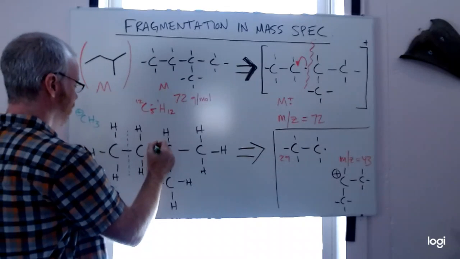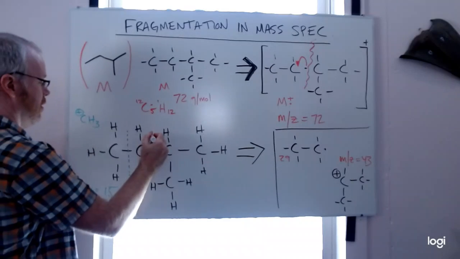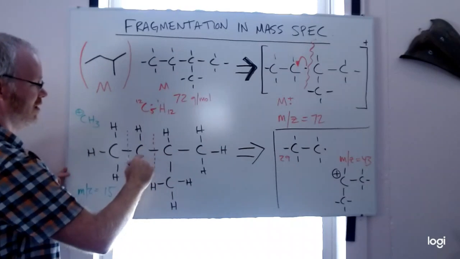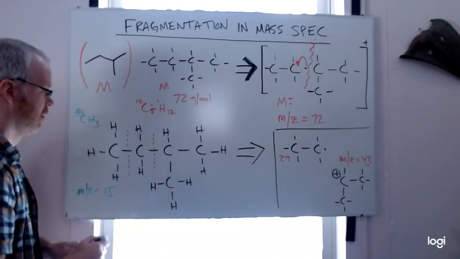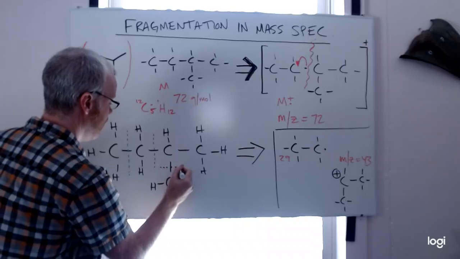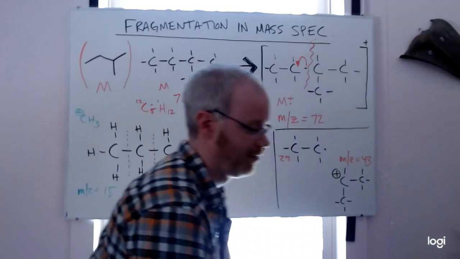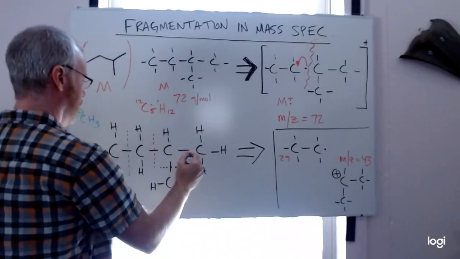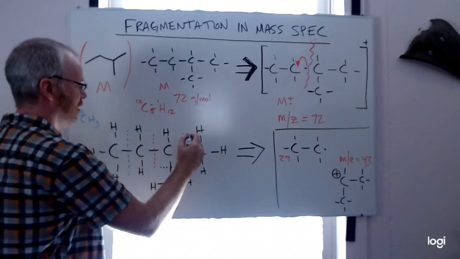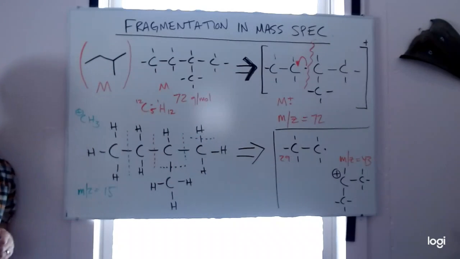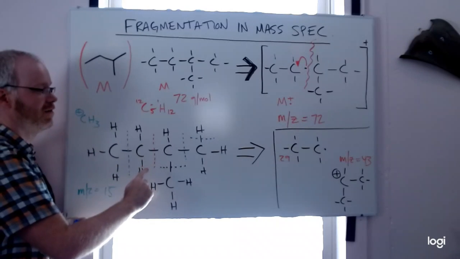But thinking about it, it could break here. The break from before, resulting in these two pieces, 3 carbon, 2 carbon. This could break, resulting in a 1 and a 4 carbon piece. Any of these carbon-carbon bonds can. Carbon-hydrogen bonds can fragment as well. So you see not just 5 or 6 major peaks, but lots of different ones, right?